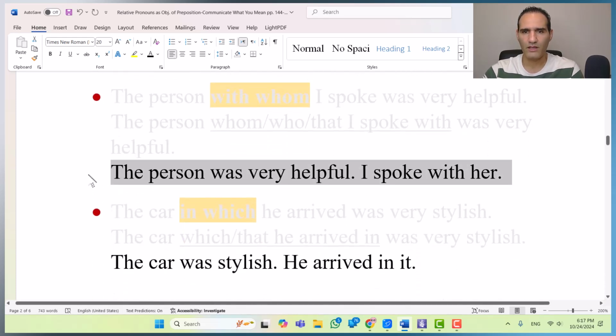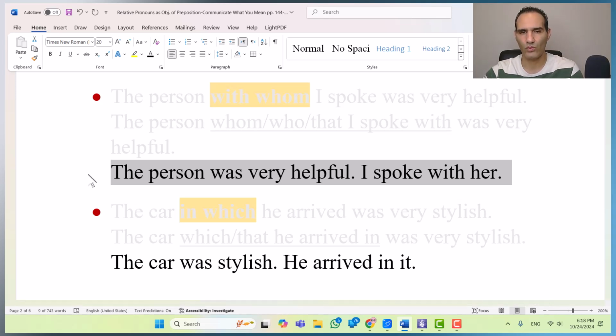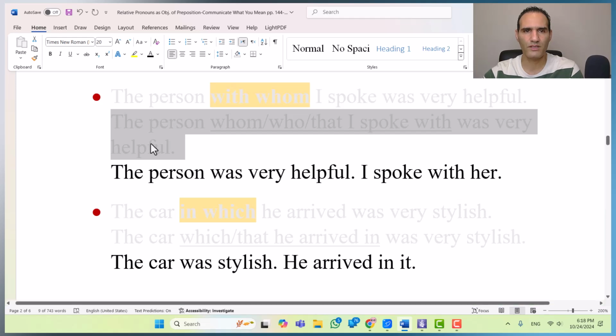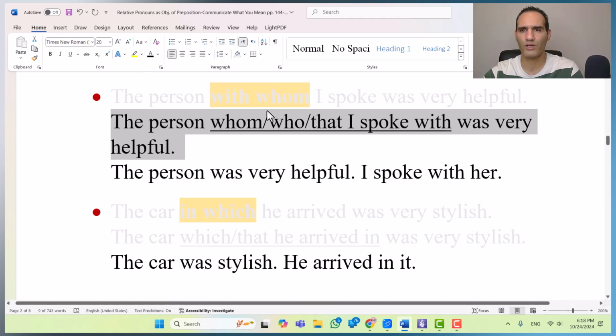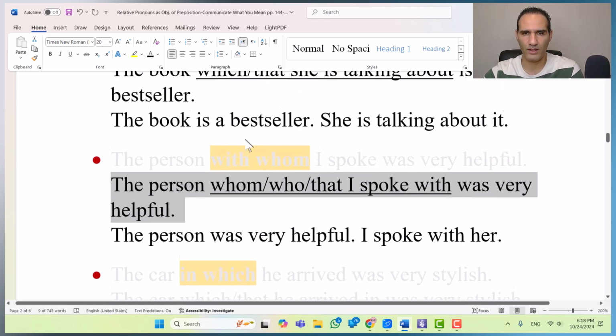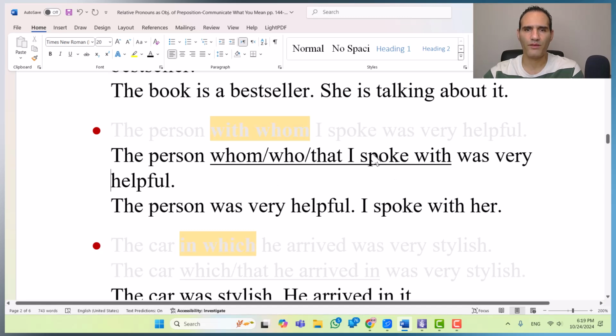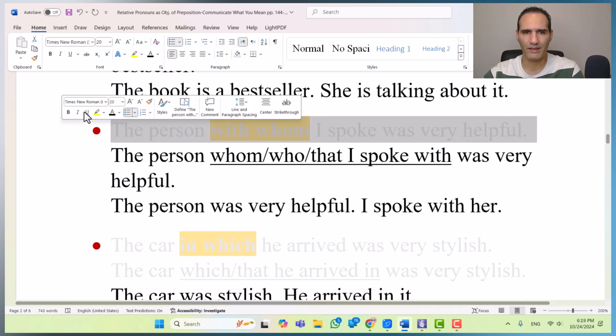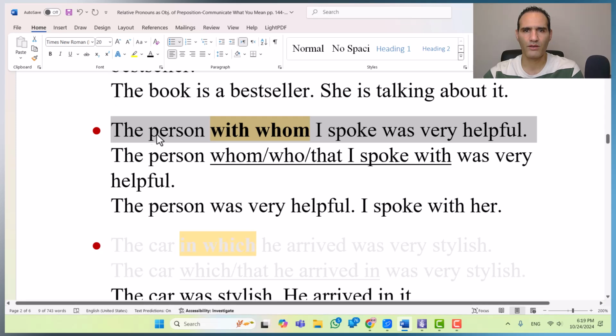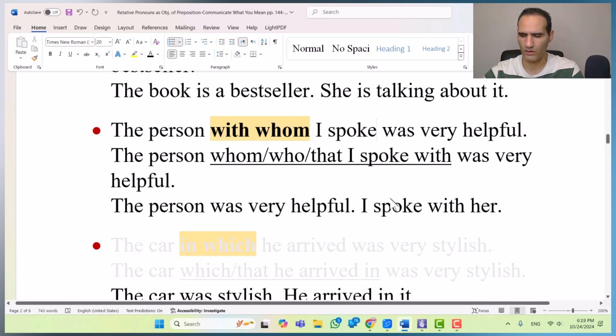Okay, this one. The person was very helpful. I spoke with her. Speak with. So the person whom I spoke with, or who I spoke with, or that I spoke with, was very helpful. And now bring with before whom, making it like the previous one. The person with whom I spoke was very helpful. With whom I spoke.